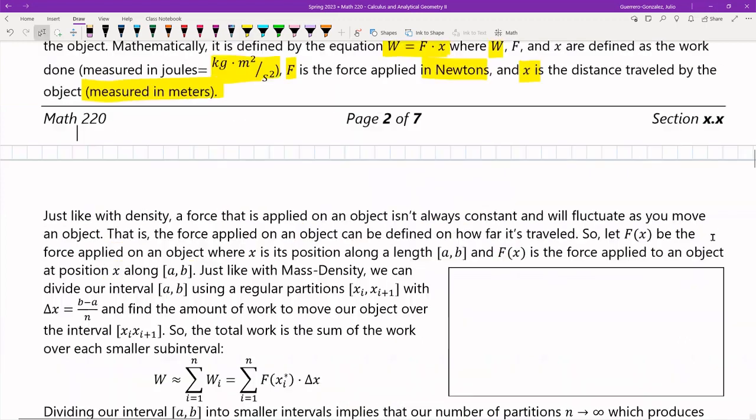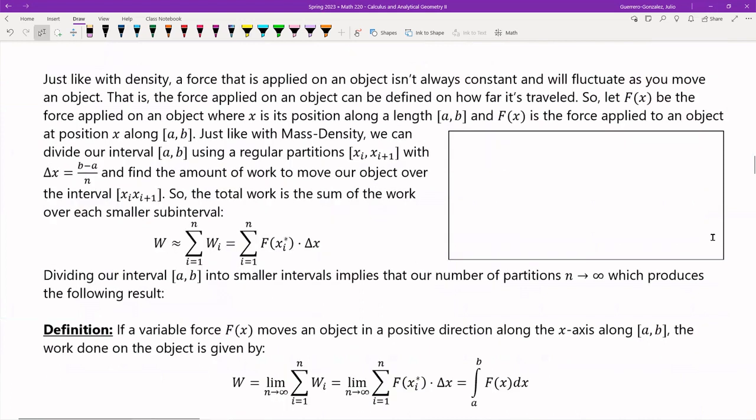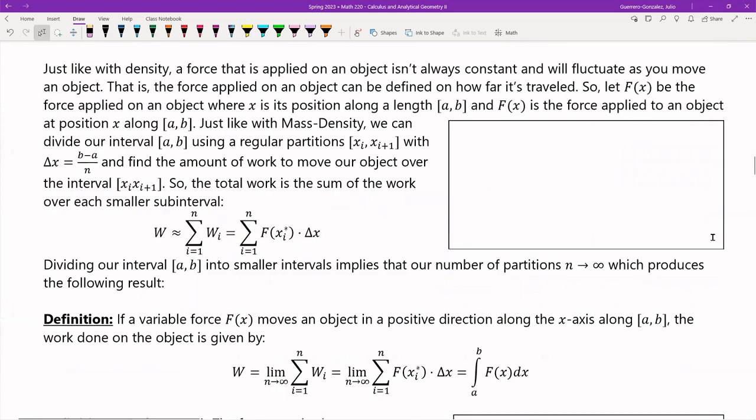So the problem with force is that, just like density, we don't have an even spread of material sometimes. So certain things might be denser in certain parts than others. Think back to Swiss cheese. If I cut up my Swiss cheese, I might hit a hole, I might not.